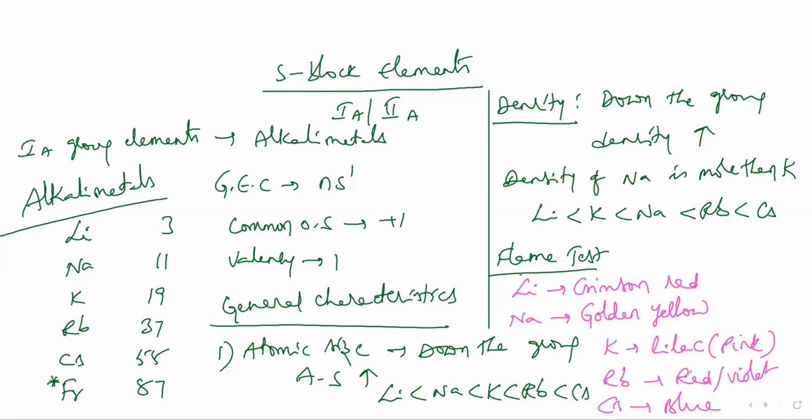Then go to next property. Hydration energy. So when it comes to hydration energy, what is order? Lithium greater than sodium greater than potassium greater than rubidium greater than cesium. Okay, so here there is one relationship.